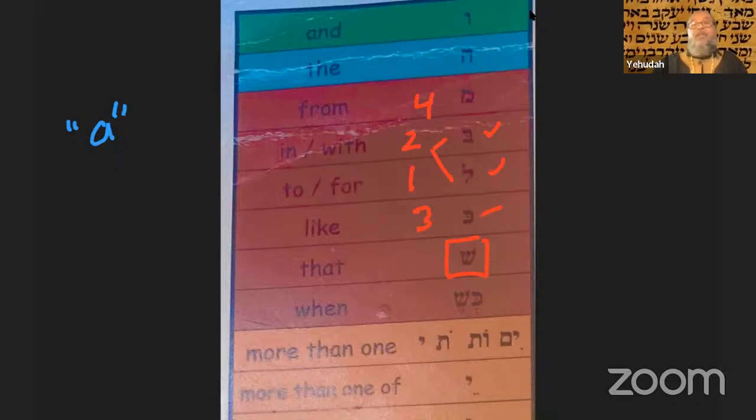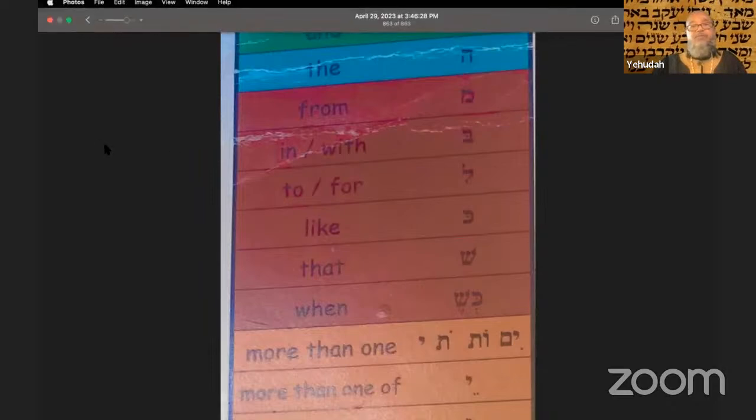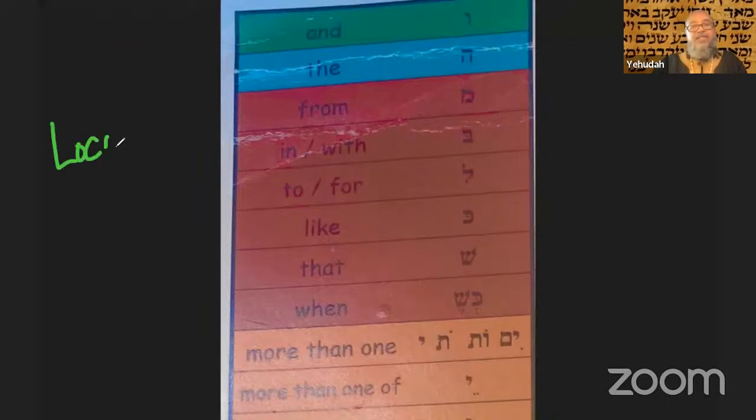Okay. So the brown that you have here, those are prepositions. And those have to do with placement. If you notice, all of these have to do with location, with a spatial type of understanding.